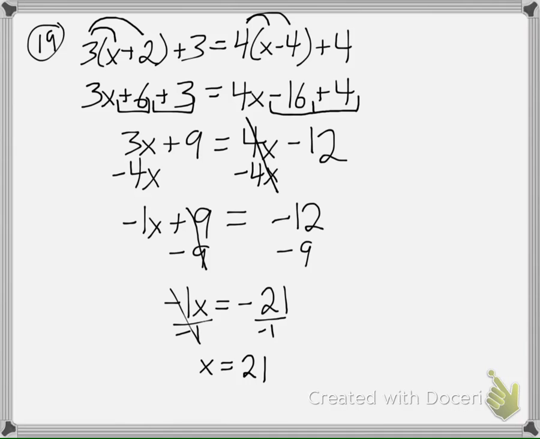And once again, if you have a calculator, which you should all have, a scientific calculator, then you can come up to the original problem and do 3 times (21 plus 2), plus 3. Even without a scientific calculator, this is just order of operations.